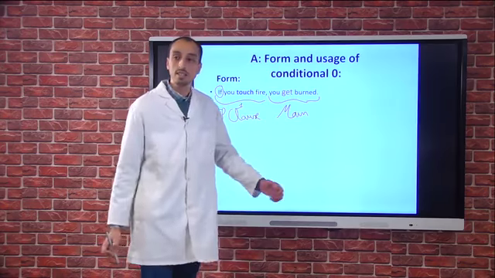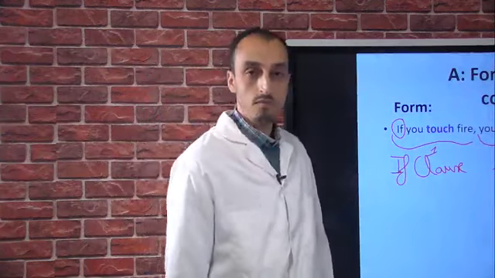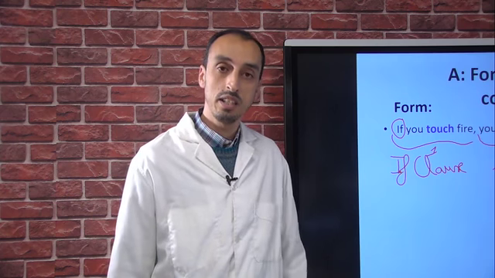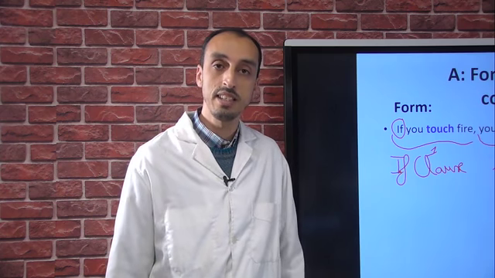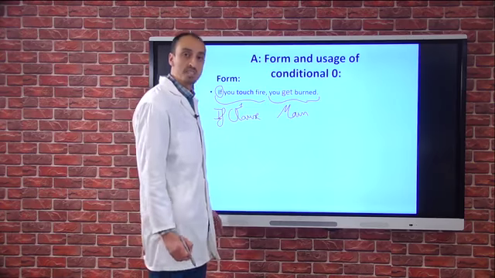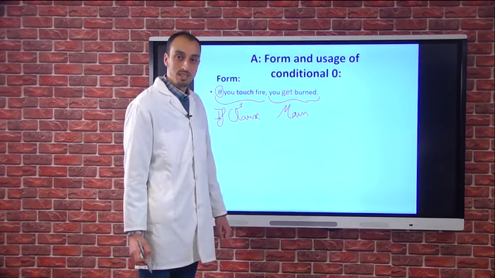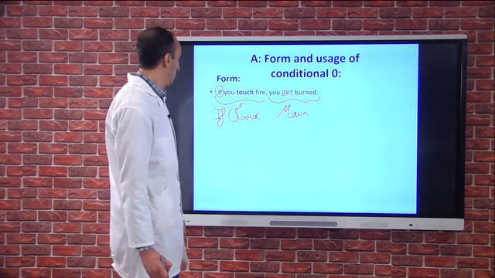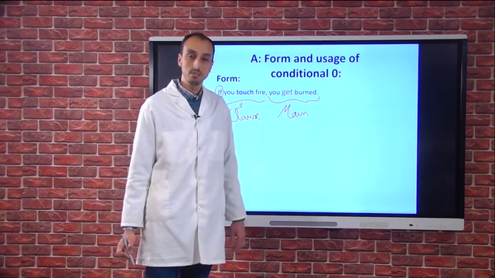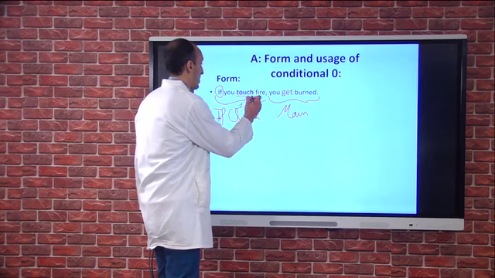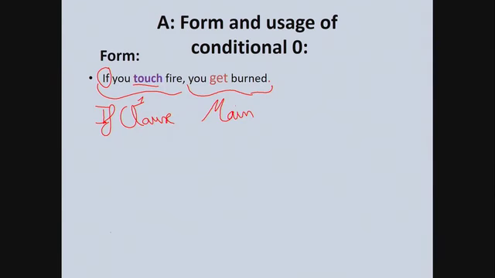So let's ask some questions. How many verbs are there in this conditional sentence? Take your time to think. Excellent. There are two. What are they? The verb touch and the verb get.